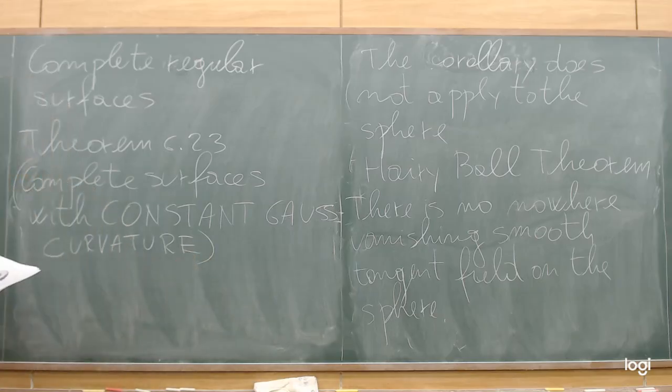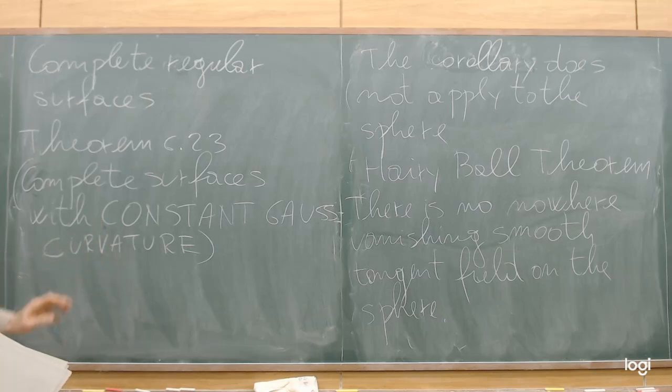And this theorem says how a surface with constant Gauss curvature looks like.